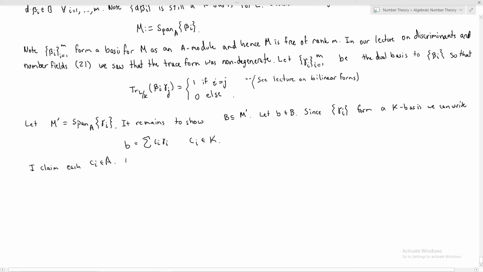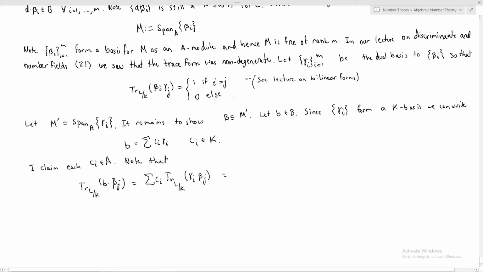The idea is to use the trace form to pick off these c sub i's. Note that the trace from L over K of b times beta sub j, well, the trace is K linear, so this is the sum over i of c sub i times the trace from L over K of gamma sub i beta sub j.